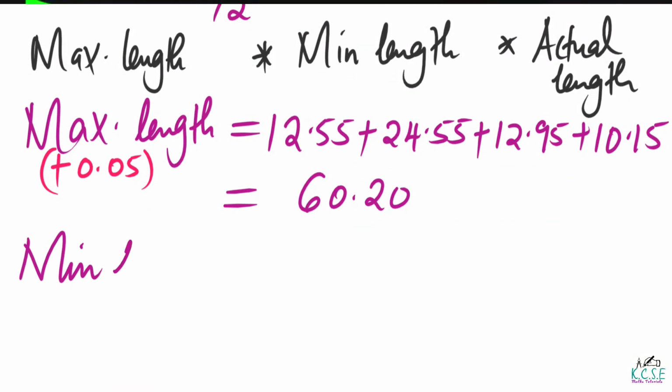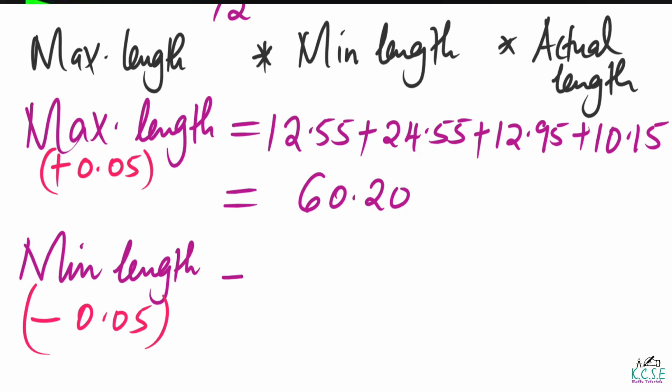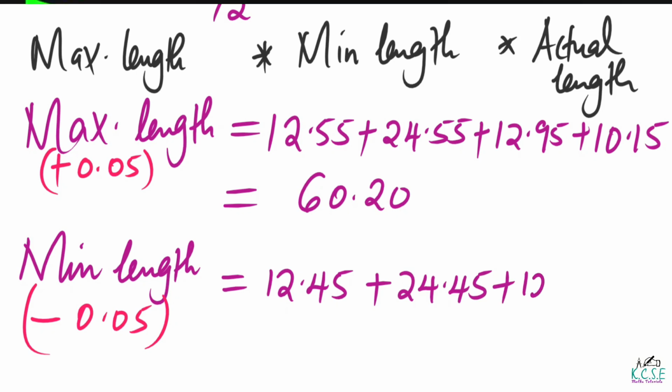The second thing that we require is the minimum length, and to obtain the minimum length we subtract the error 0.05 from each of the measurements, and this is what we get. 12.45 for the first one, plus 24.45, plus 12.85, plus 10.05.